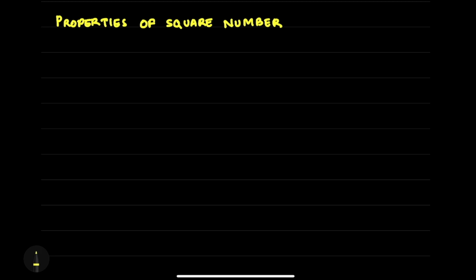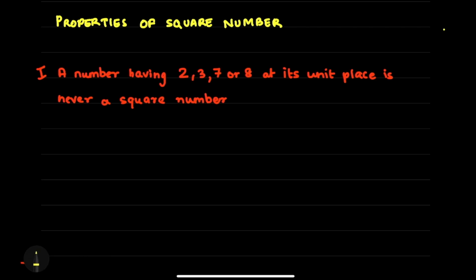So square numbers are quite special as compared to other natural numbers, and therefore there are certain properties that they possess that do not exist for any other kind of natural number. Let's look at these properties, and you will find it quite amusing to see how special these numbers are. The first property is that a number which has 2, 3, 7, or 8 at its unit place is never a square number.